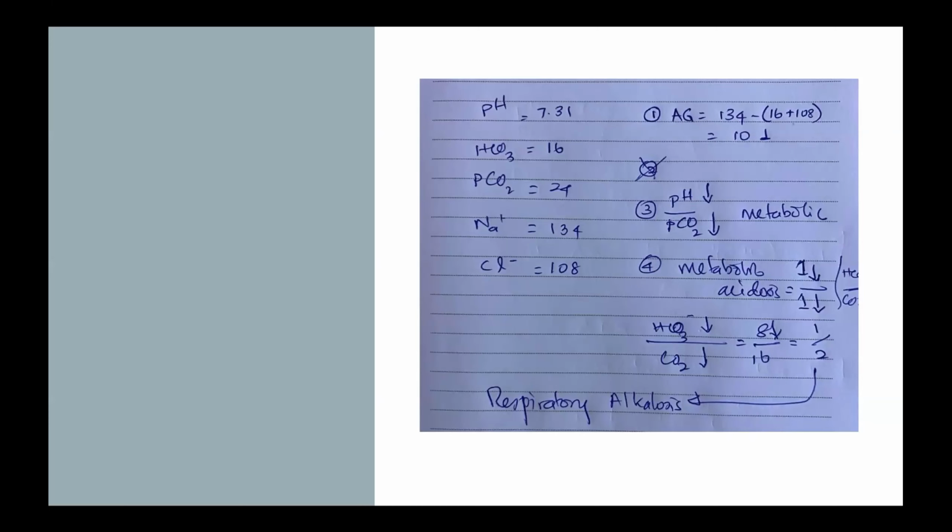We don't know how much carbon dioxide was retained due to alkalosis. It is not due to the compensation; it is some other problem. So since there's an additional respiratory alkalosis, the diagnosis is metabolic acidosis and an additional respiratory problem.